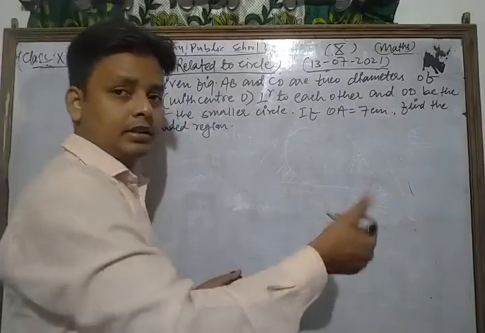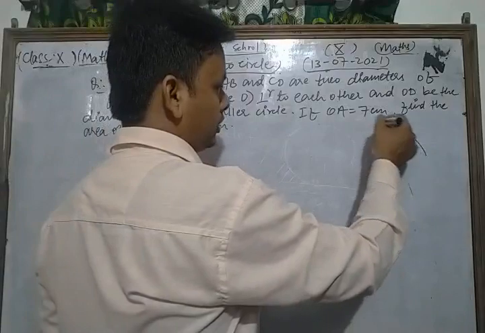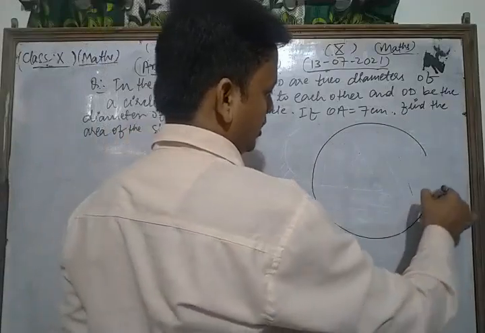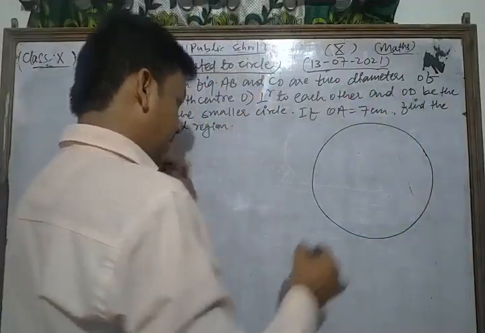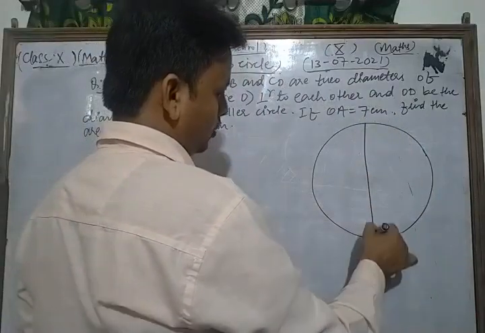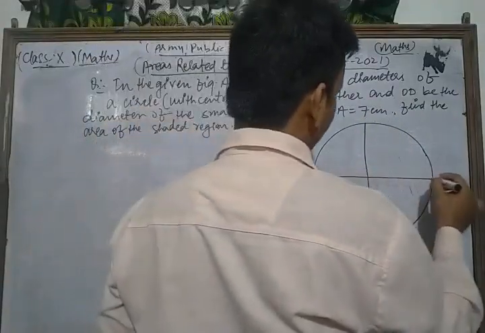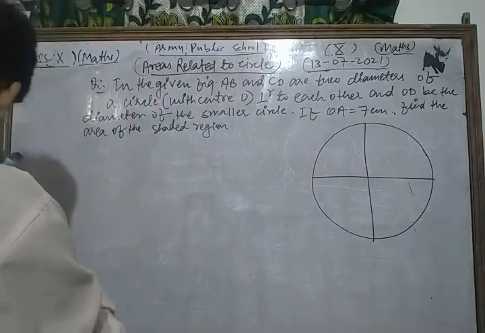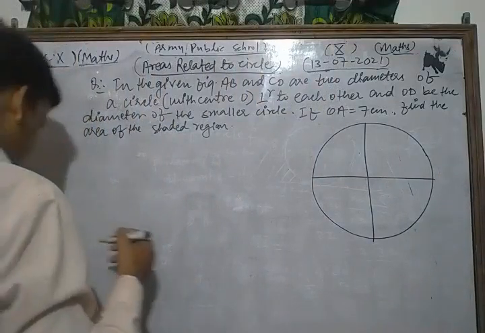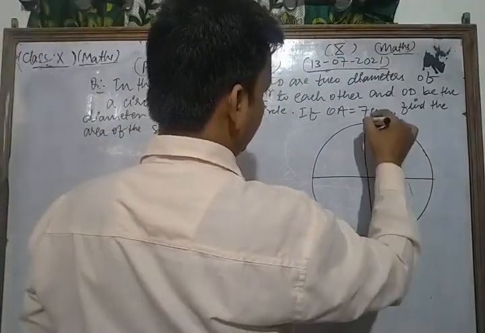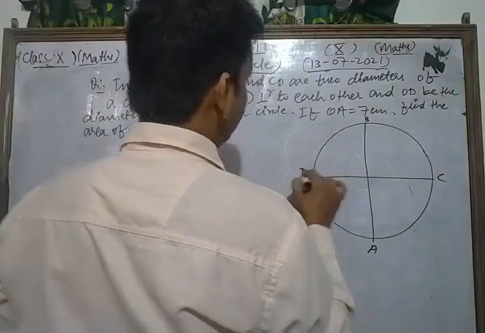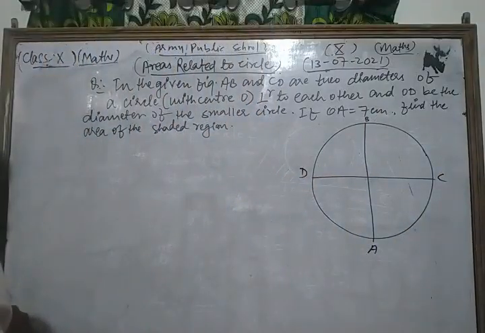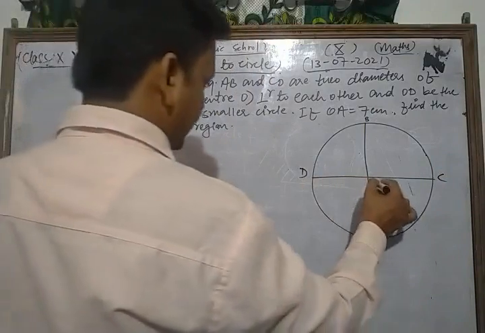Now let's draw its figure. This is a very important question of your NCERT exercise. This is a figure with two diameters which are perpendicular to each other, AB and CD, which intersect each other with O as center.